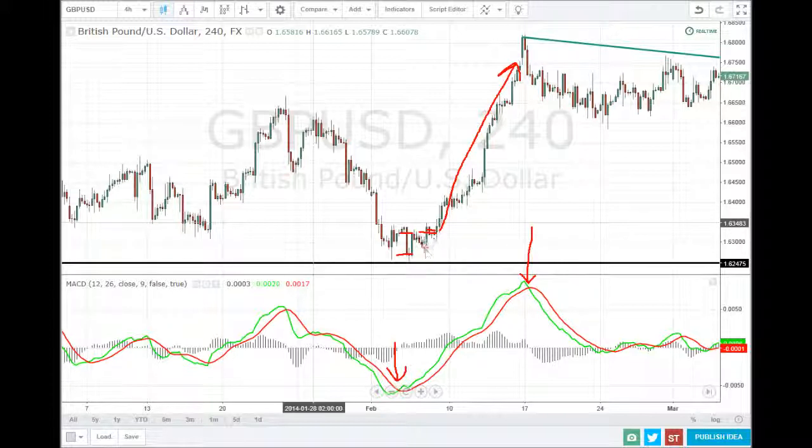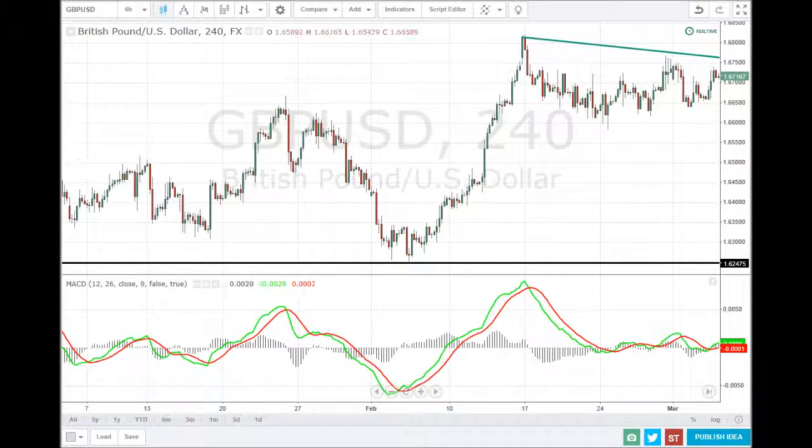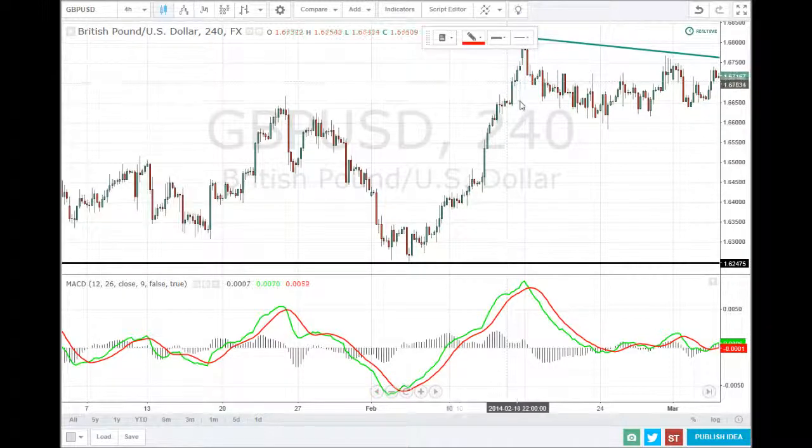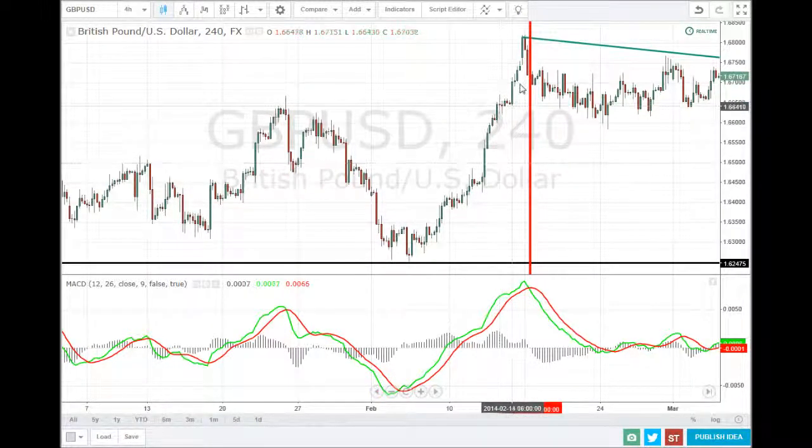So if we open the position down here after our MACD confirmation and a bullish engulfing, we would have closed our position round about here, which is pretty much at the end of this big push to the upside. So on this occasion, the MACD would have been a great indicator to use as a signal to close a position.